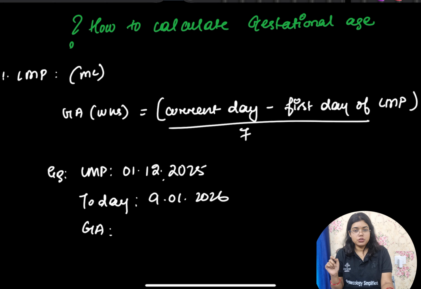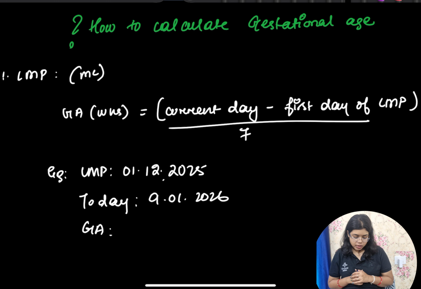So how to calculate the gestational age? We have to add all the days that have passed from the LMP till today, till the day we are calculating.